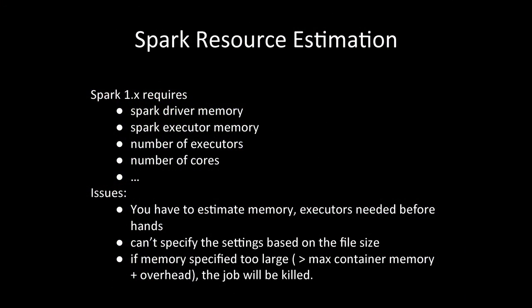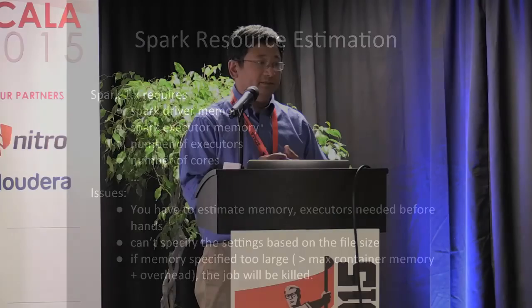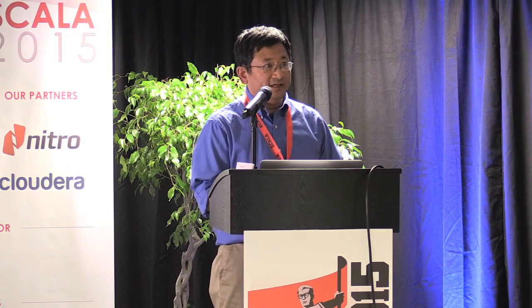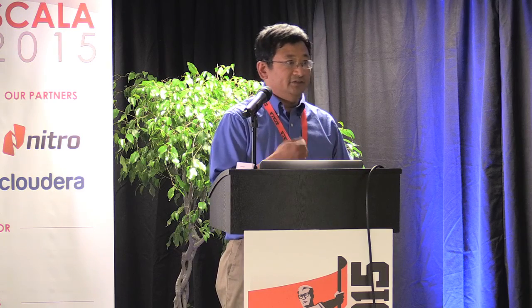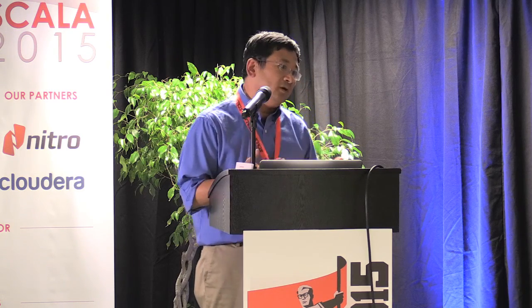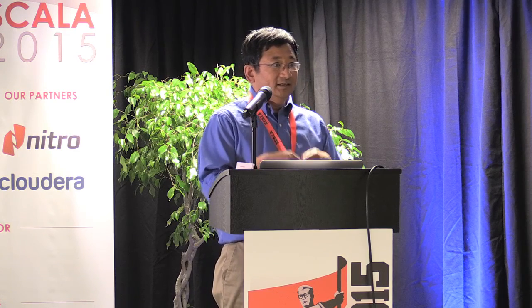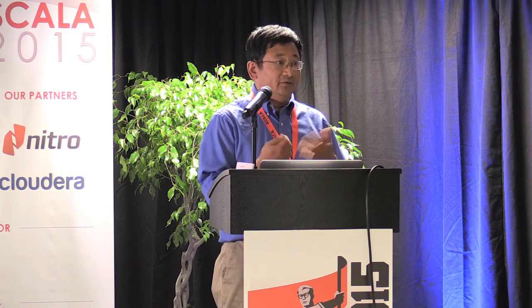So the next part is submitting the actual Spark jobs. As everybody knows, if you want to submit a Spark job, you need to provide the driver's memory, the number of executors, and how much memory and cores you need for each executor. The problem is you have to estimate what you need beforehand.